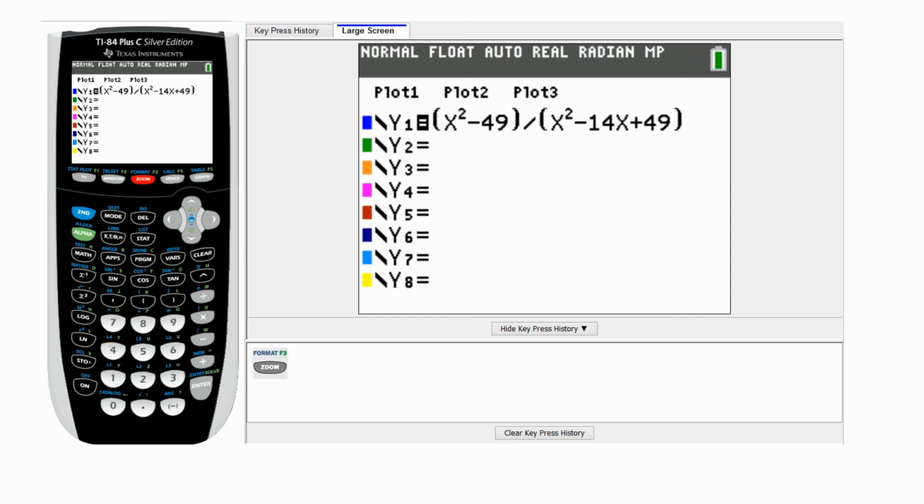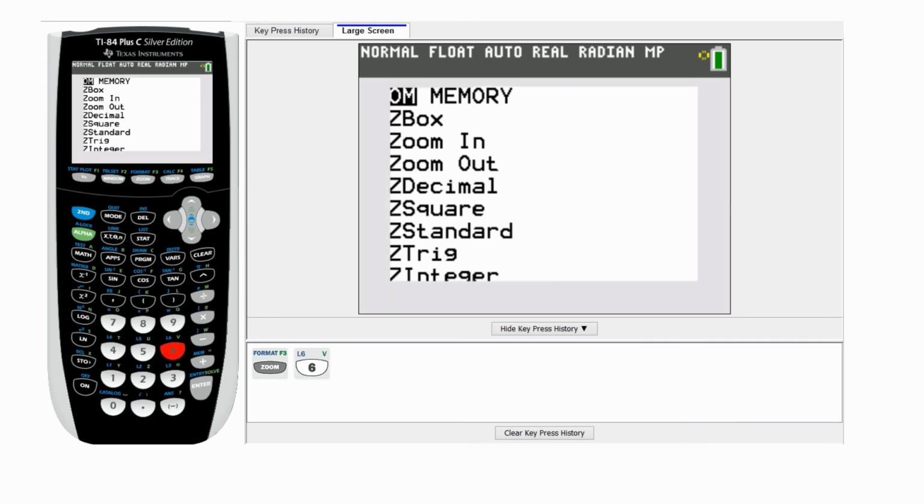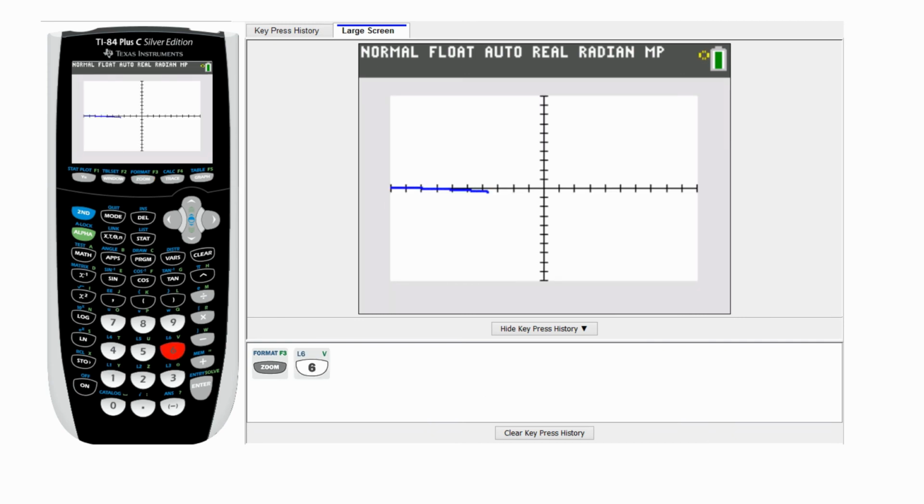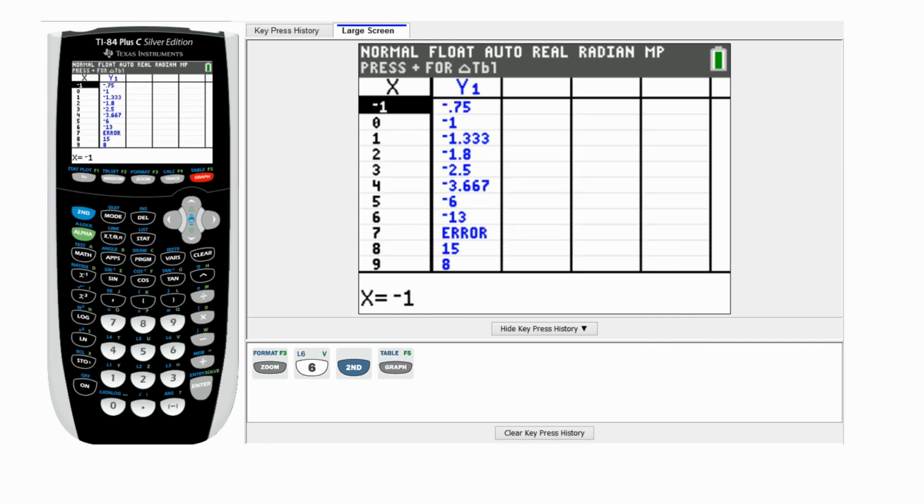Go to zoom, 6 for standard. Second graph gets us to our table, and under 7, I have error. So 7 is our asymptote and our excluded value.